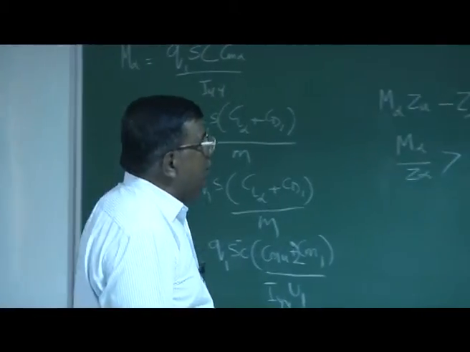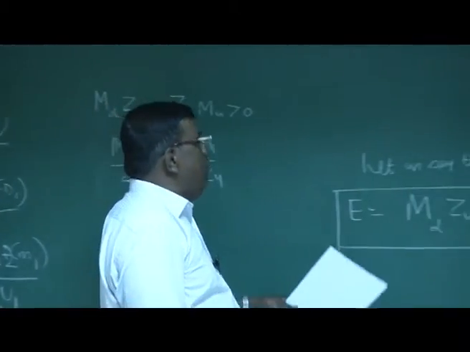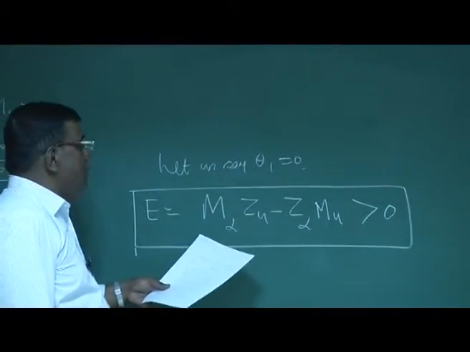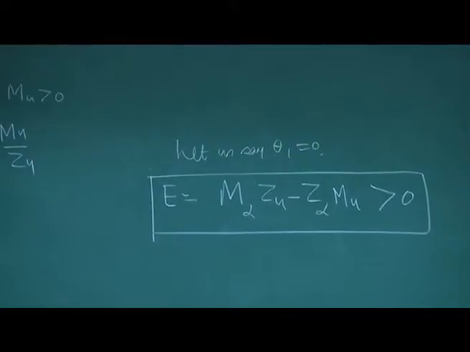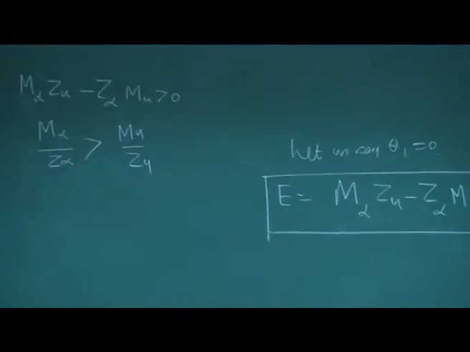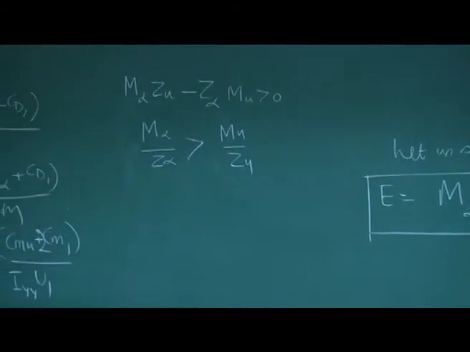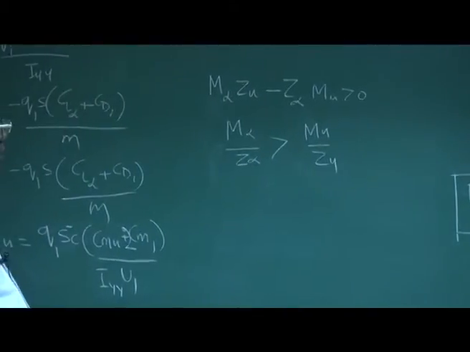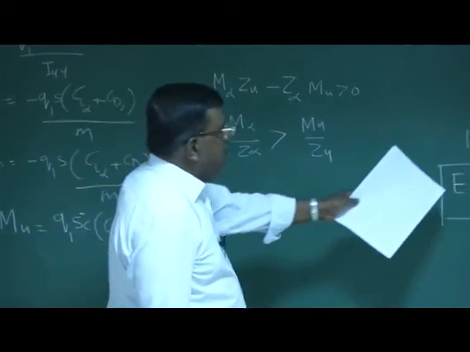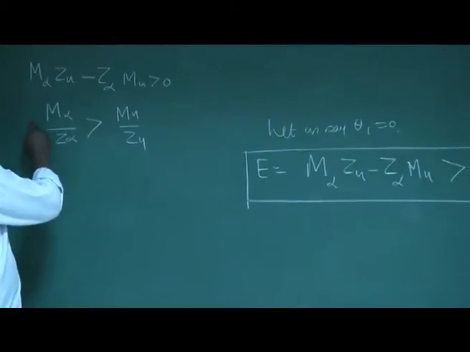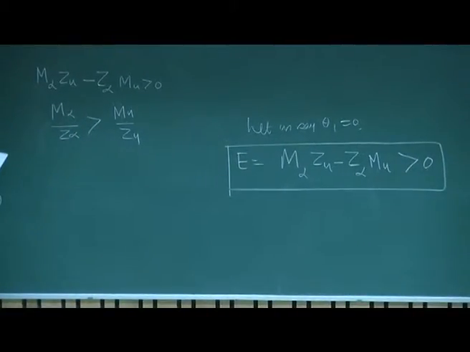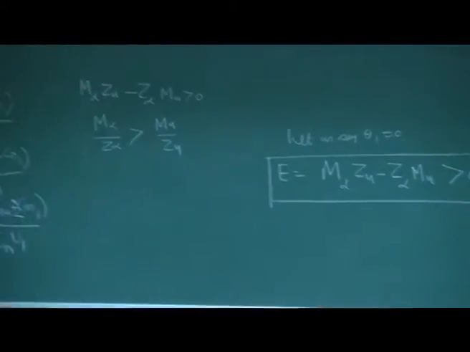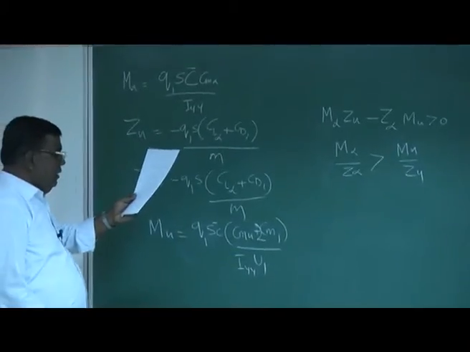We are trying to understand what additional information pertaining to stability we are getting through these coefficients. We know that for dynamic stability, all of A, B, C, D, E should be greater than 0. So we are studying the case for E greater than 0, which tells me m alpha by Z alpha is greater than mu by Zu. Now I substitute m alpha, Z alpha, mu, Zu in this expression.